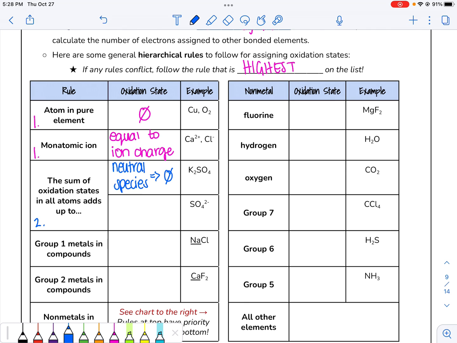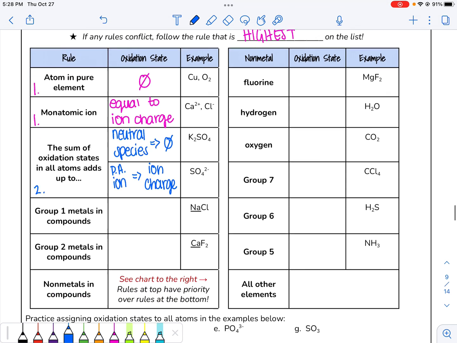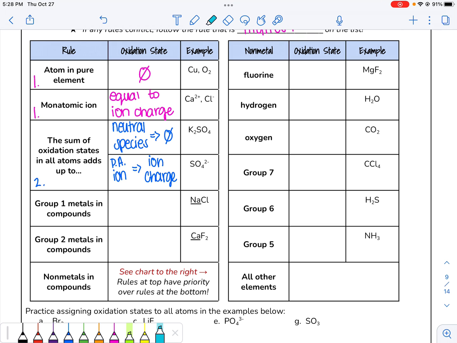However, if your species is a polyatomic ion, the sum of the oxidation states must add up to the ion charge. We'll see an example of this in a second, but the one you see right here, SO4 2-, tells us the sum of the oxidation states for sulfur and oxygen must add up to 2-.